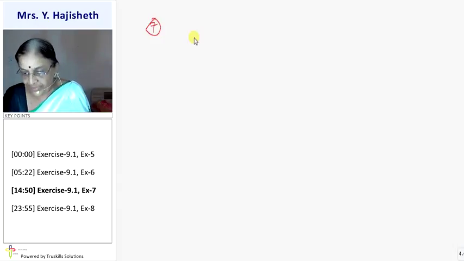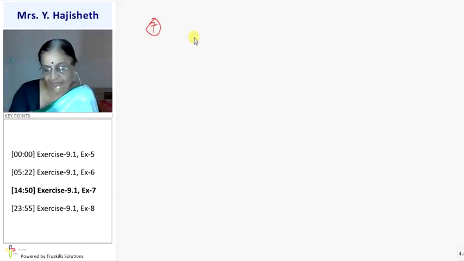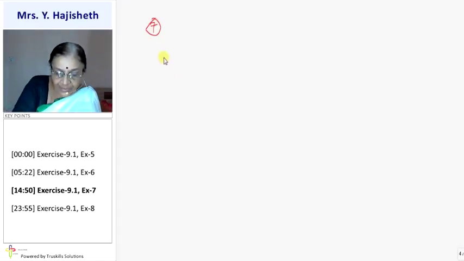From a point at some distance from the building, the angles of elevation of the top and bottom of the transmission tower are respectively 45 degree and 60 degree, and you are asked to find out the height of the transmission tower. Do you understand what is given in the sum?